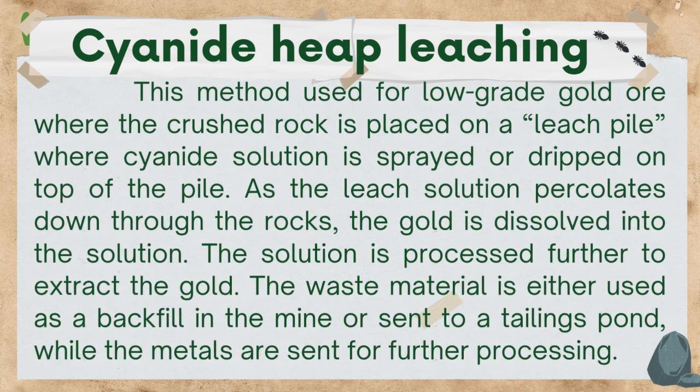The solution is processed further to extract the gold. The waste material is either used as backfill in the mine or sent to a tailings pond, while the material are sent for further processing.